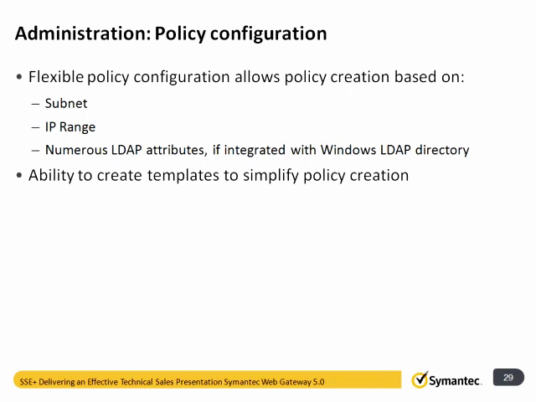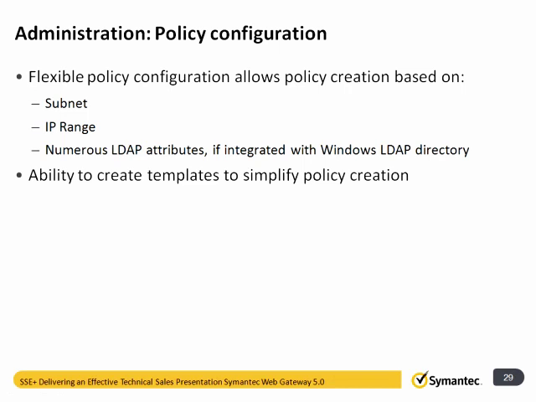Administrators have the flexibility to create different web filtering policies for different groups within the organization. When creating different group policies, a key step is to identify the users or machines to whom the policy applies. Administrators have the ability to create group policies based on subnet, IP range, or numerous attributes if integrated with Windows Active Directory.